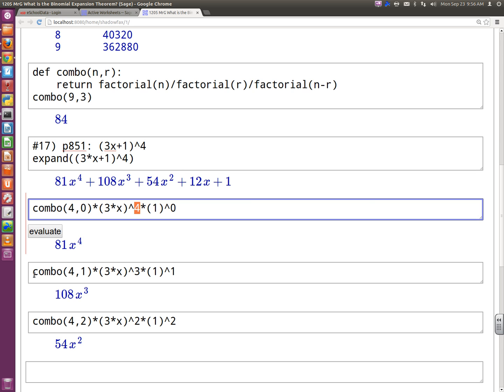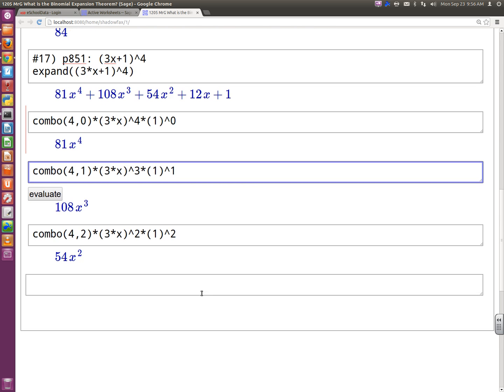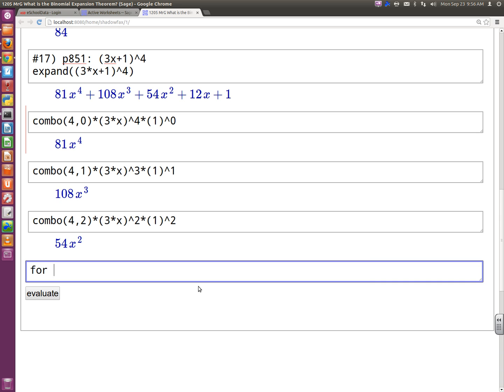All right, let's see. Can we do that? Look, let me do that. Let me go down here and do 4 r in range. Let's see. Now we want the integers. We want 5 terms, right?